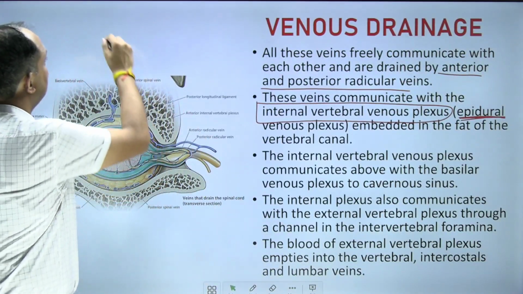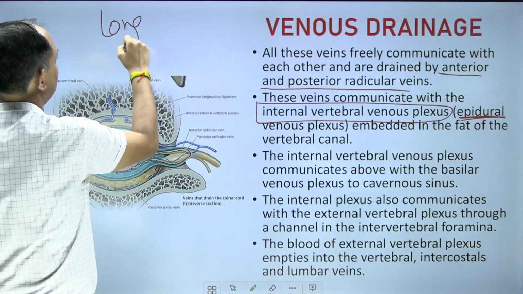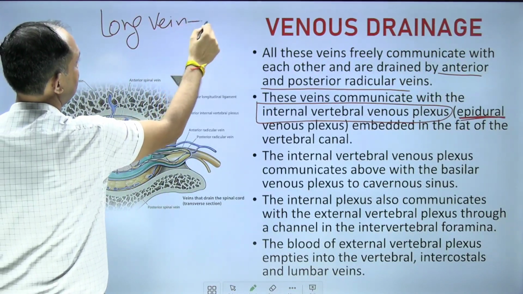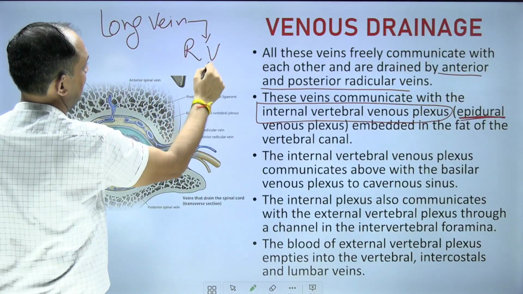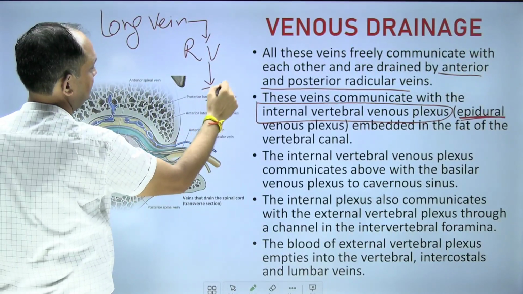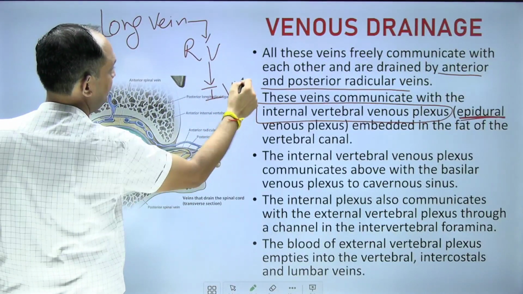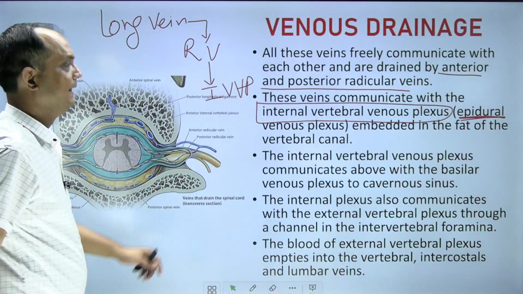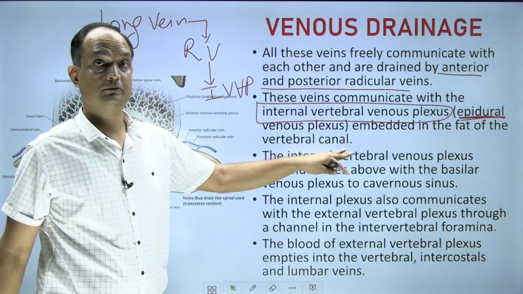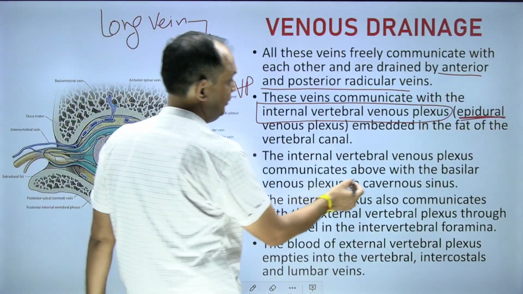So what is happening is that we have the longitudinally arranged veins. Now these veins are drained by the radicular veins, and these radicular veins are draining into the internal vertebral venous plexus. Clear? Now this internal vertebral venous plexus communicates above.